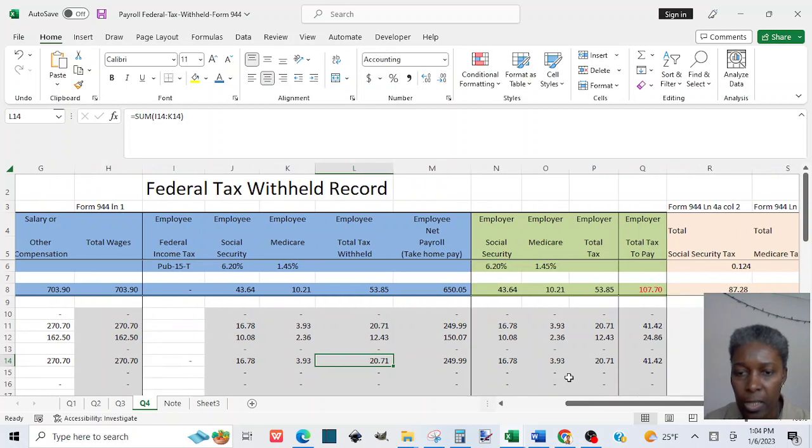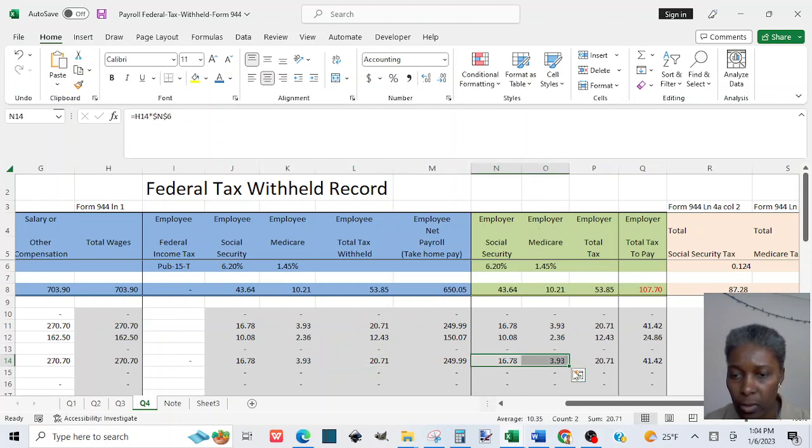And then you are going to have the employer Social Security portion and the employer Medicare portion as well, that it will calculate for you. And the total that you are going to hold on to will be both the employee and the employer portions, and that will total to 41.42.